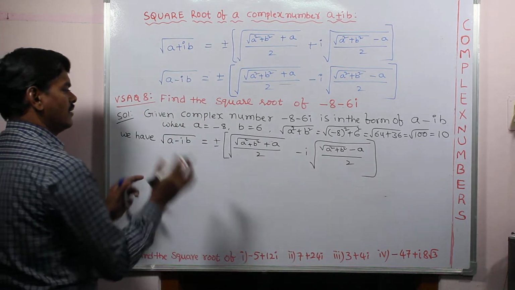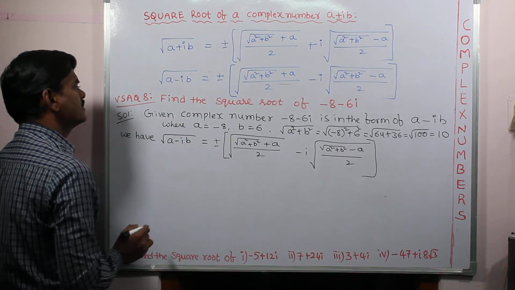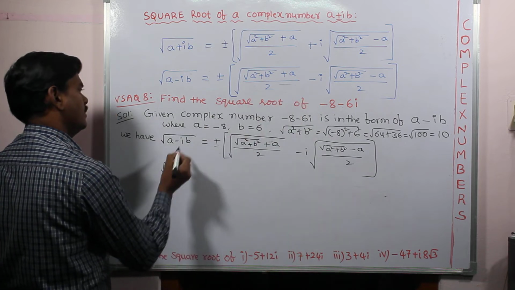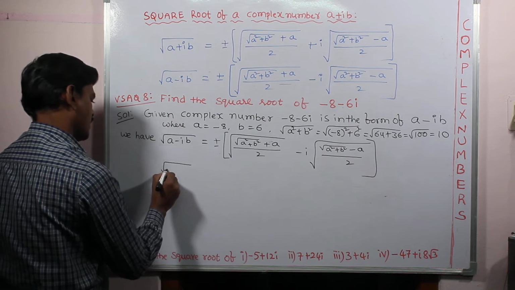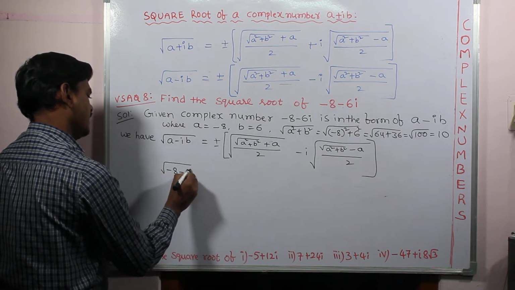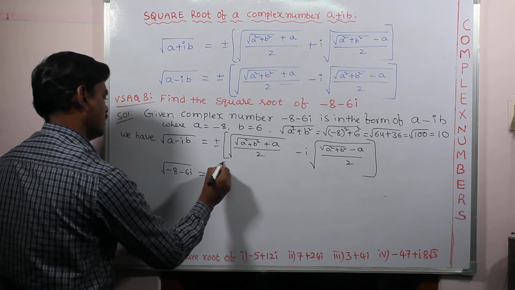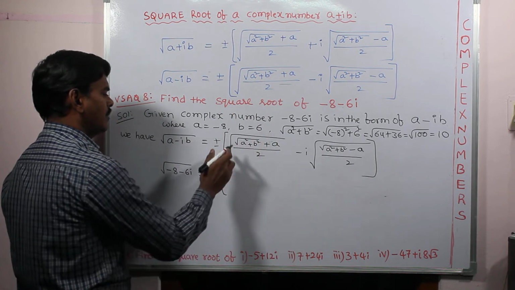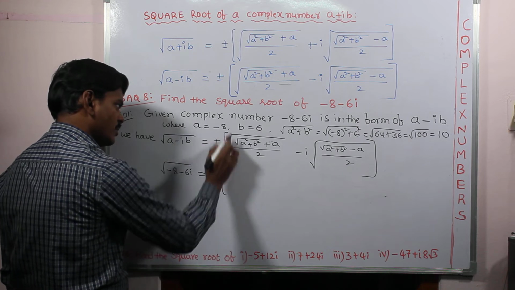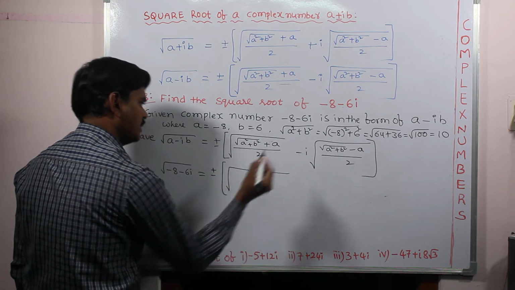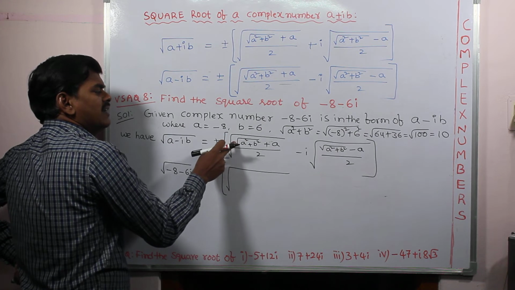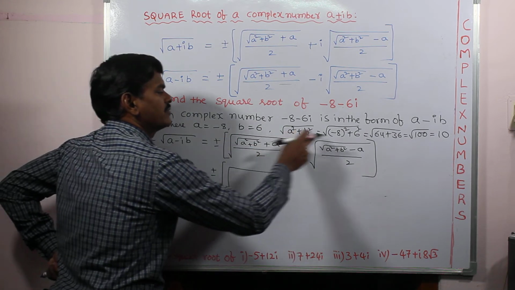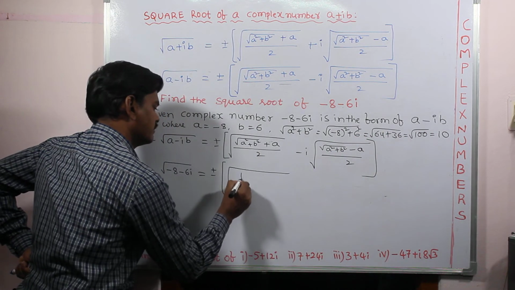Now after writing the formula, whose square root are we asked to find? Square root of minus 8 minus 6 iota equals, the thing you have to do is substitute the a and b values. Plus or minus, same big square root. No need to write root over a square plus b square again. We just found the value of root over a square plus b square as 10.